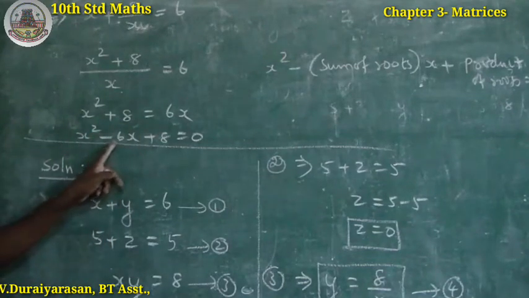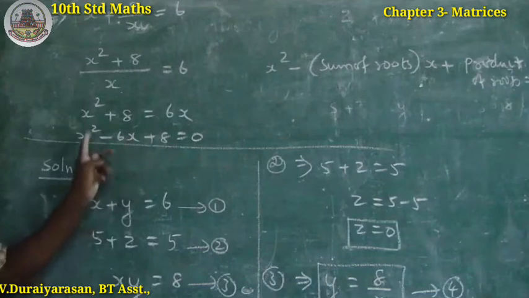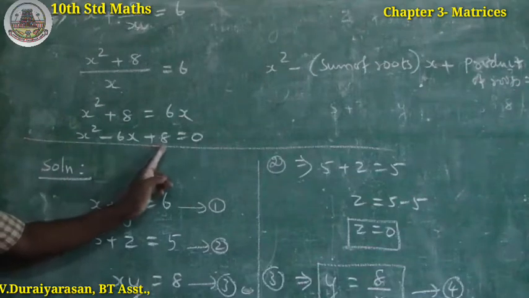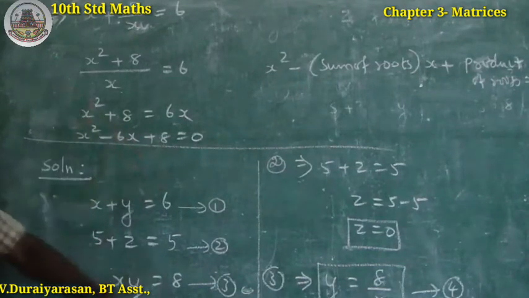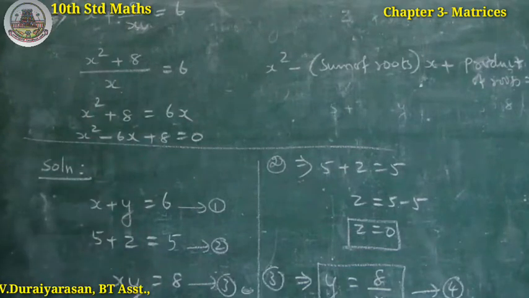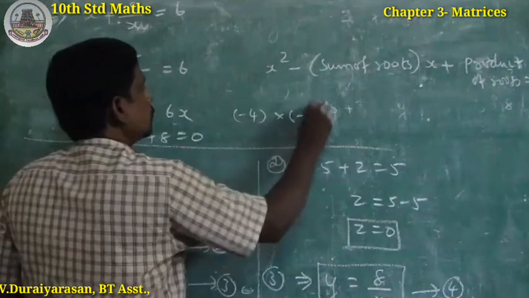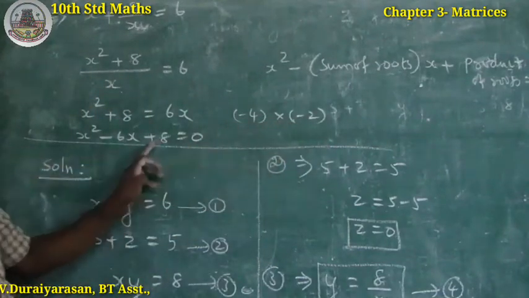Sum of roots is equal to 6. Product of roots is equal to 8. Sum of roots is minus 6. Multiply any two numbers, we get the answer 8. Add the same numbers, it is minus 6. So factorize: minus 4 into minus 2 is 8.